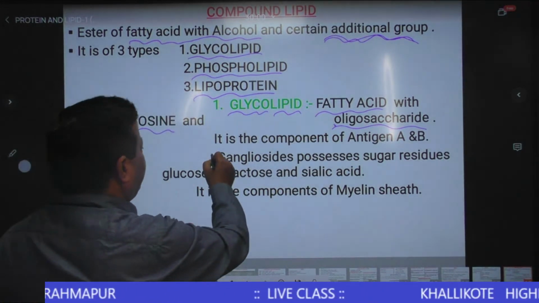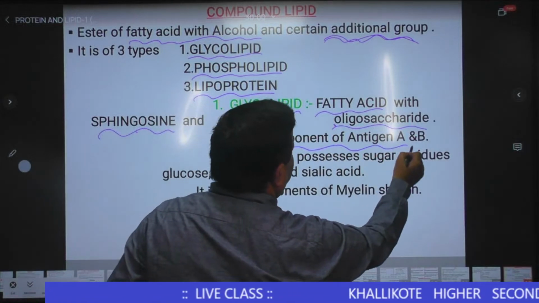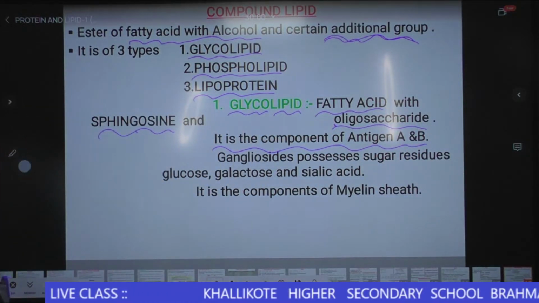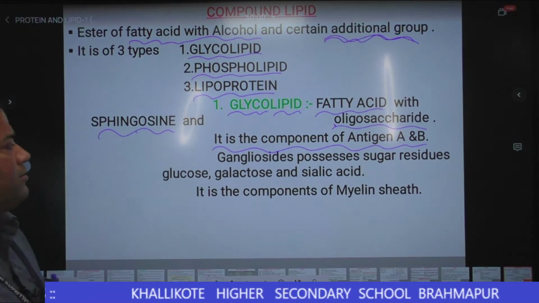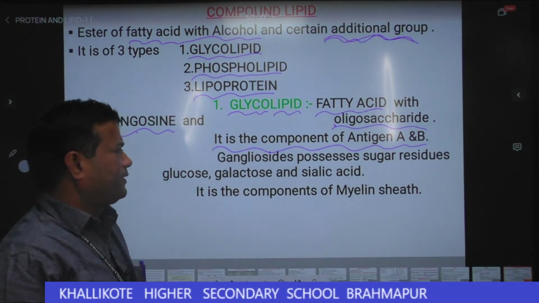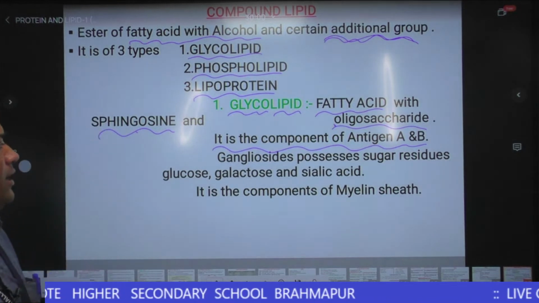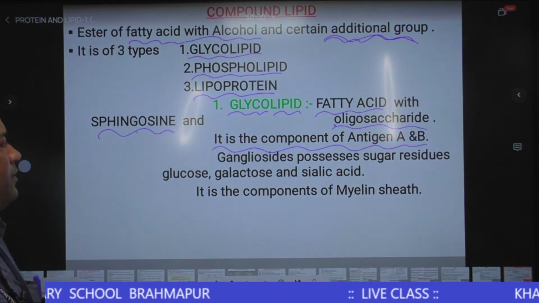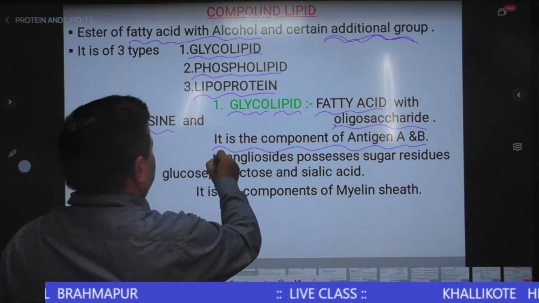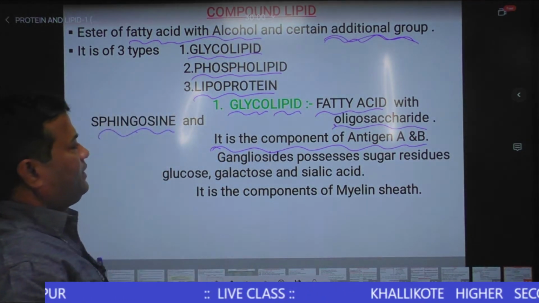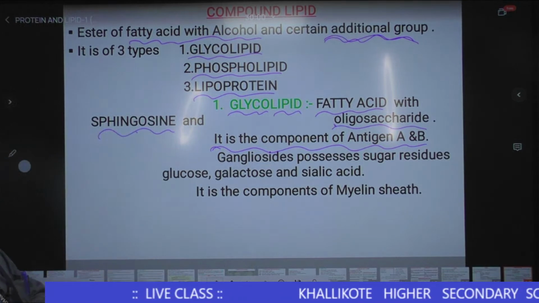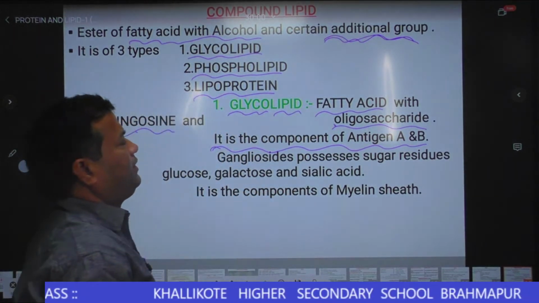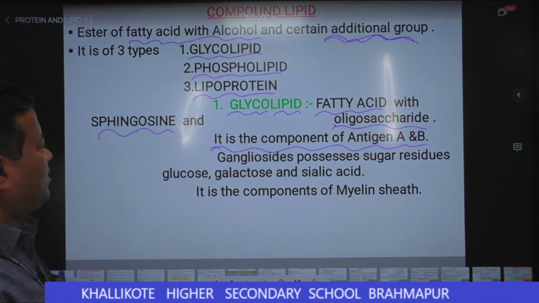It is a component of antigens A and B. Everybody knows antigens A and B are present on the surface of RBC. Human RBC contains antigens A and B, and they react with antibodies A and B. Antigen-antibody reaction takes place in our body.